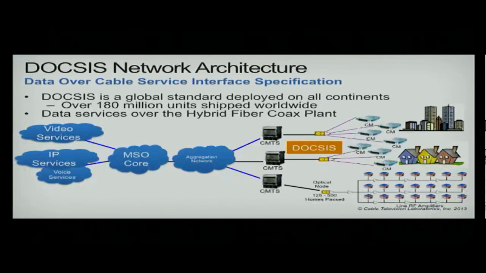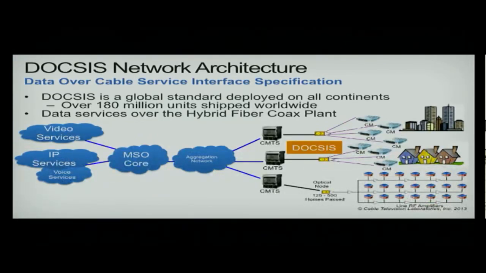The cable operator has video services, IP high-speed data services, and voice over IP telephony services. All of those are in the core network. They get transported to the regional head ends, which is where you have your CMTSs sitting. And DOCSIS is the protocol between the CMTSs and the modems, right?